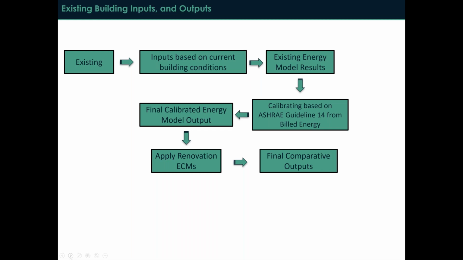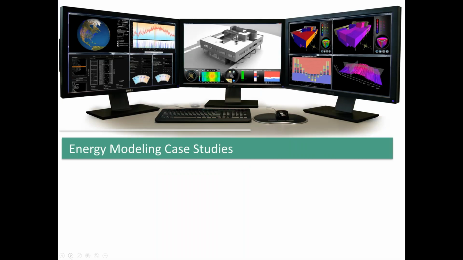Then we calibrate that result with the guideline, ASHRAE Guideline 14, and finally, with the calibrated model output, we apply different ECMs to help the stakeholders decide, and finally we can define and identify our final comparative outputs.